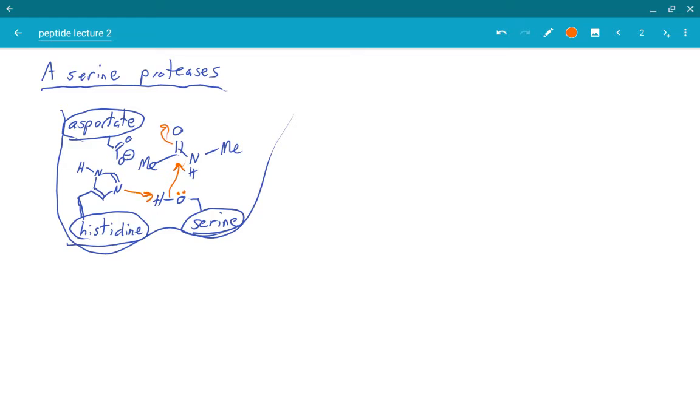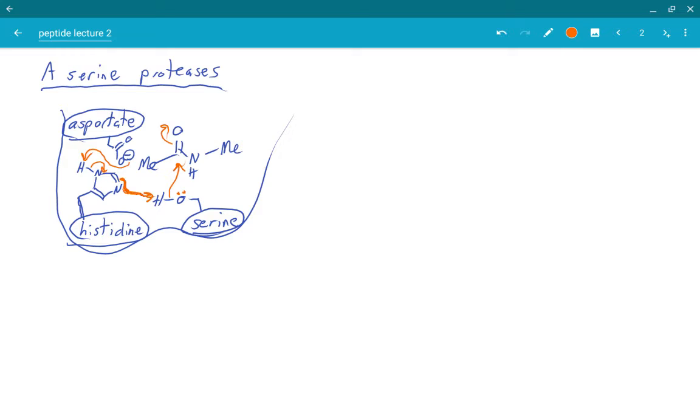But even there, histidine is a pretty lousy base, and it's really not strong enough to deprotonate serine. And so I have a third residue whose goal is really to deprotonate the histidine, which makes it more basic and allows it to deprotonate.